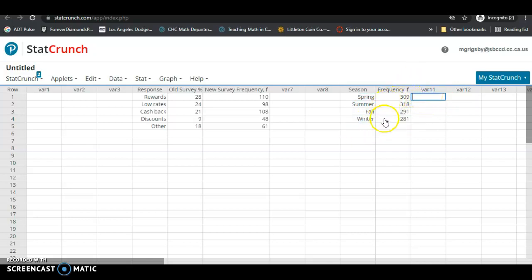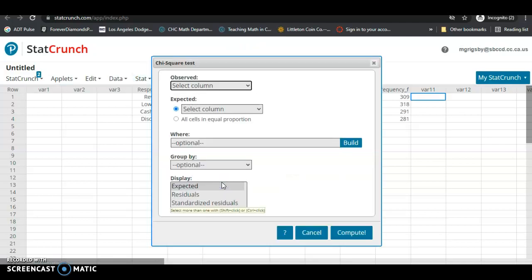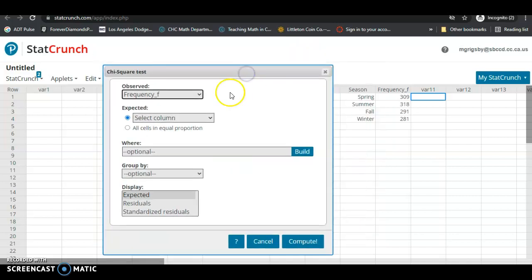These are the observed frequencies. Let's go to the Stat menu, go to goodness of fit, and then select chi-square test. The observed frequencies are in the frequency column.